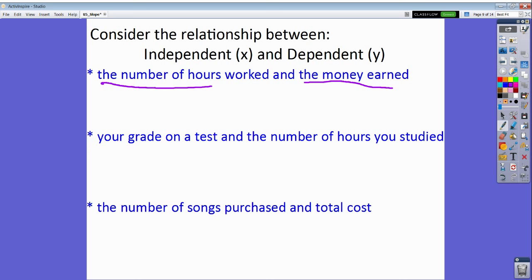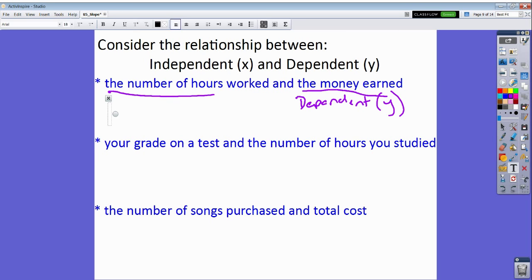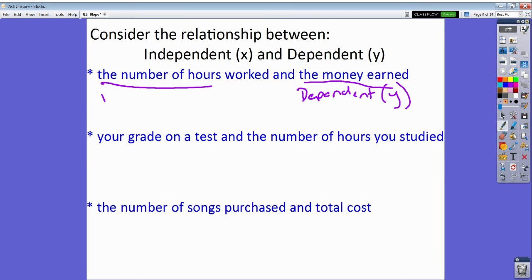So the more hours you work, the more money you make. So this is going to be our dependent, and our dependent is always our Y term. And the number of hours is going to be our independent. And that is our X term.